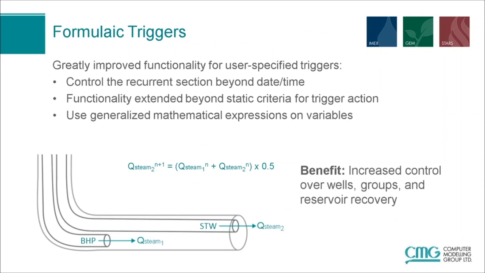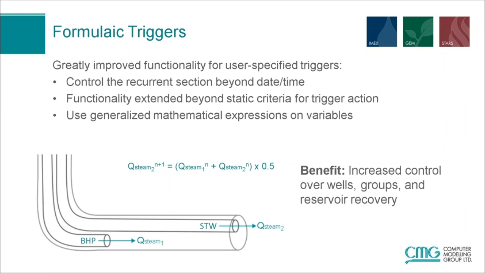This next feature is one that we've been asked for a few times from clients recently, so we're happy to say that we've listened and we've implemented a new option called formulaic triggers. If you're not familiar with triggers, you could think of them as sort of if-then statements that we can use to dynamically control our wells or our groups or our reservoir in time instead of just specific actions on fixed dates or times.